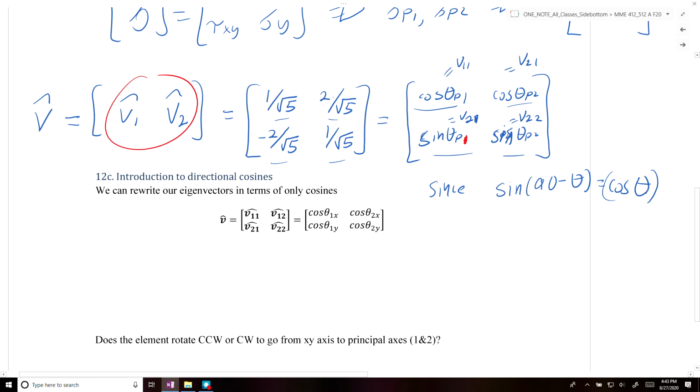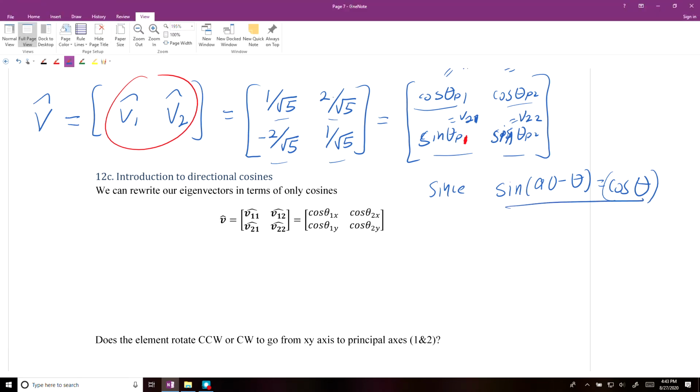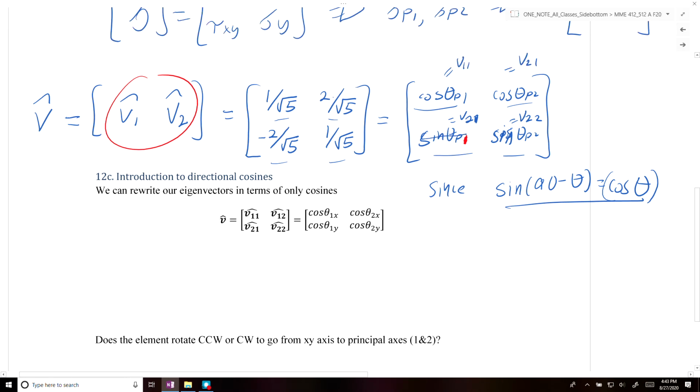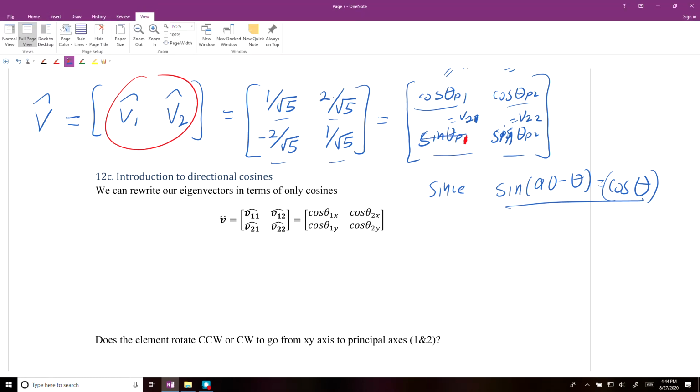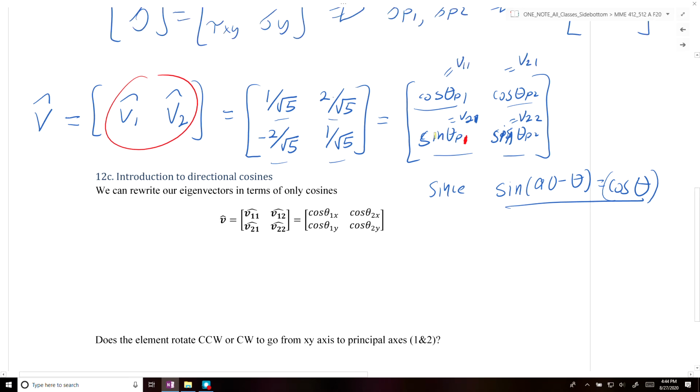Using this trigonometric identity, we can replace our two sine terms in our eigenvectors here with cosines.